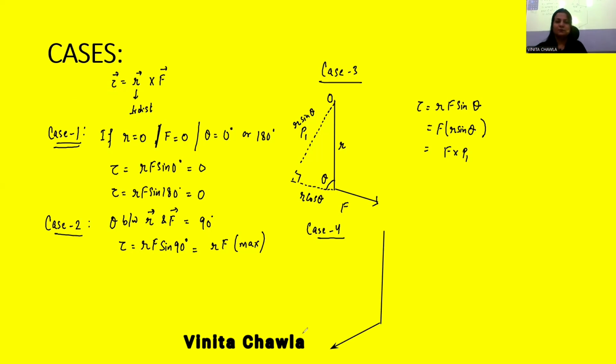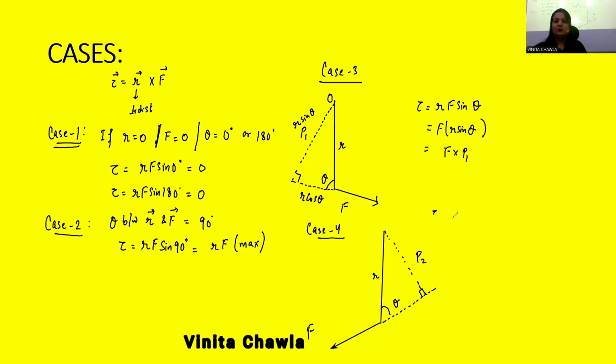Okay. So now this is R and this is F. Angle between these two is theta. Again, we'll draw a perpendicular on it. Okay, let this be P2.